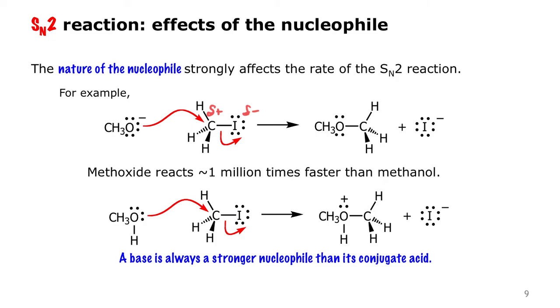And so the attraction between that positively polarized carbon and the negatively charged methoxide is going to be far greater than the attraction between that positively polarized carbon and the only partially negatively charged oxygen of methanol, versus the fully negatively charged oxygen of methoxide. So from a kinetic point of view, this reaction is going to be much more rapid than this one is, even though they both will occur.